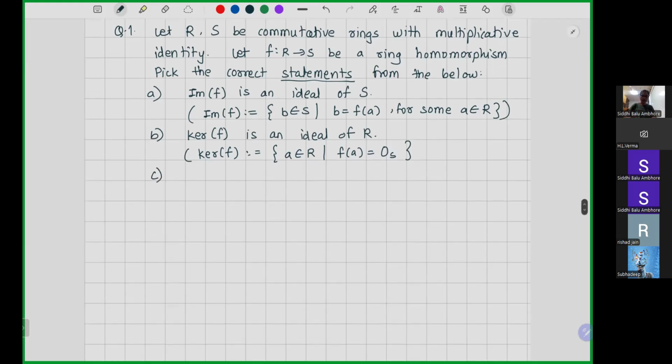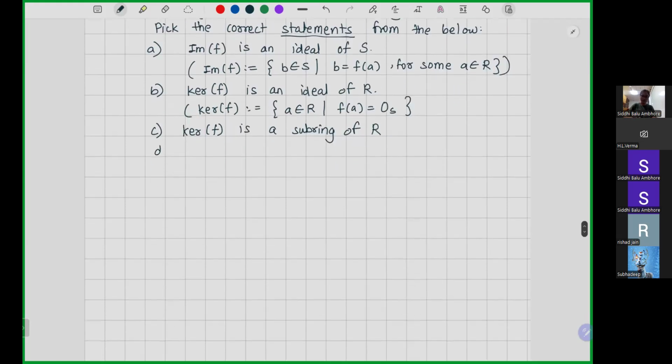My third option is that kernel F is a subring of R. And the last option is that if F is bijective, then image F is the kernel of F inverse.